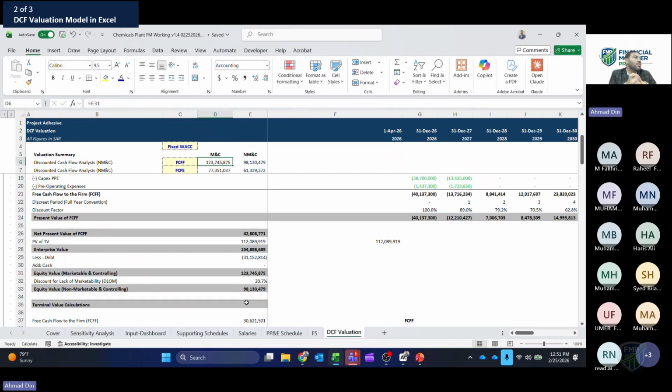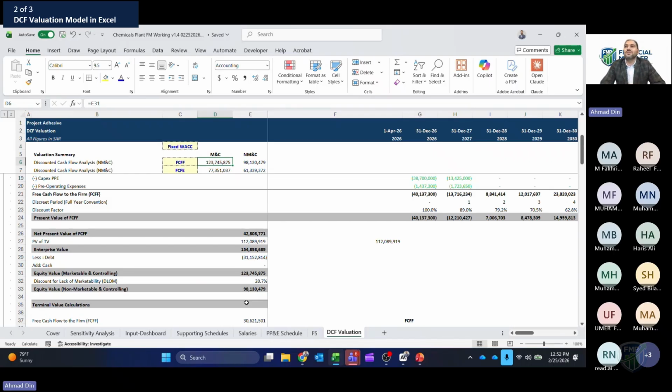I have one question. FCFF and FCFE valuation through both methods, does it need to be the same or different? Why does it need to be the same?